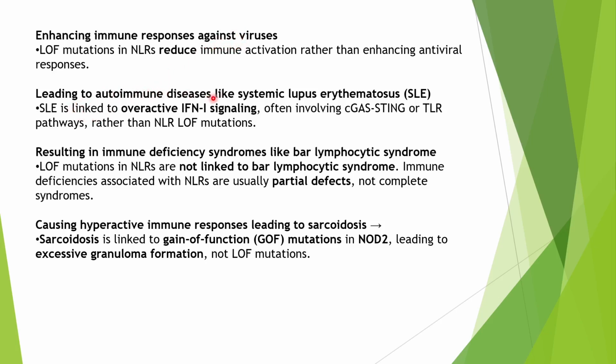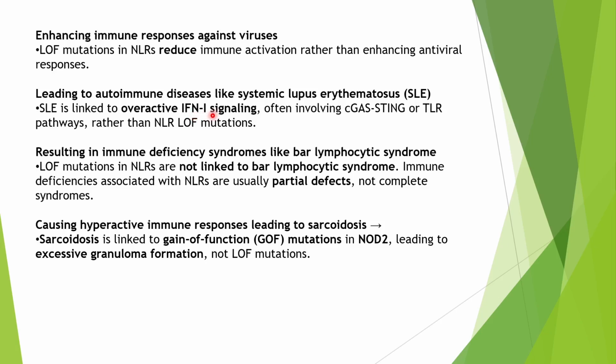Then, leading to autoimmune diseases like systemic lupus erythematosus. SLE is linked to overactive interferon signaling. This involves cGAS-STING or TLR pathways and not NLR pathways. So NLR loss of function mutation will not majorly affect SLE or cause SLE.